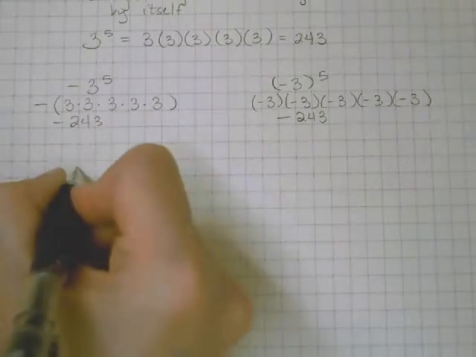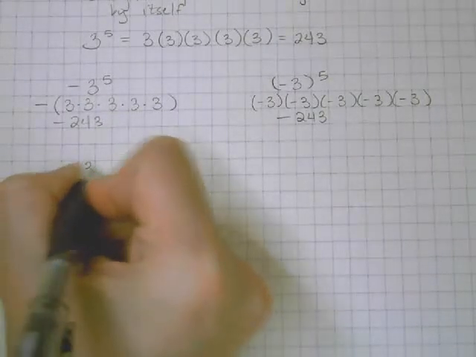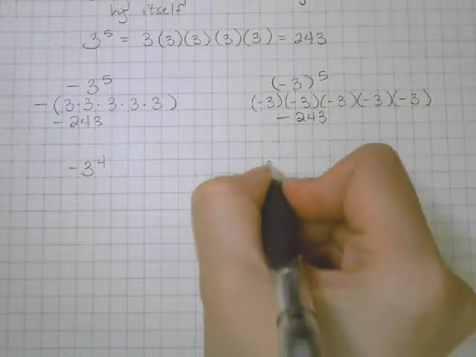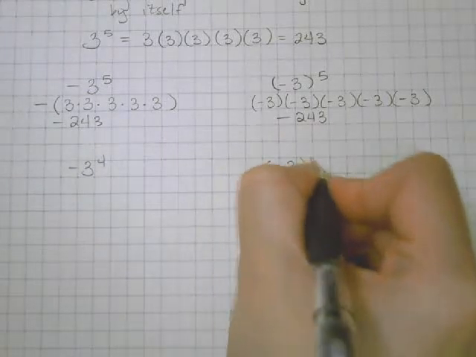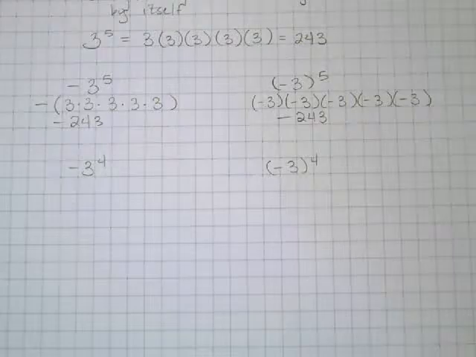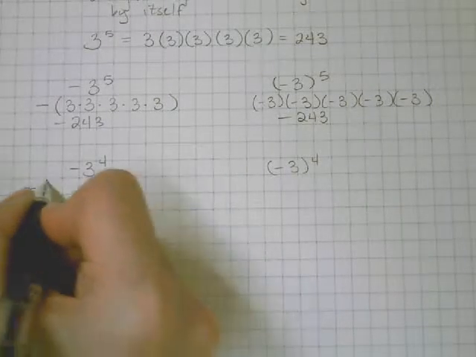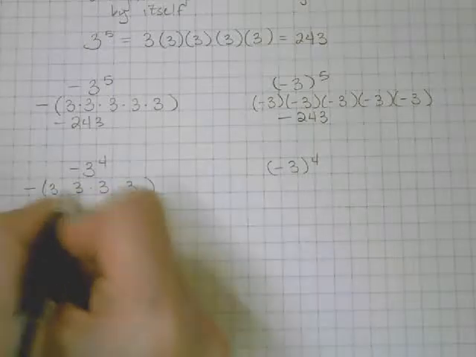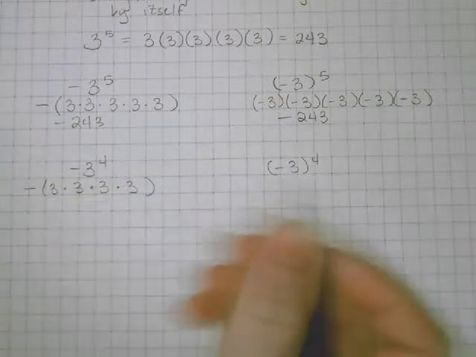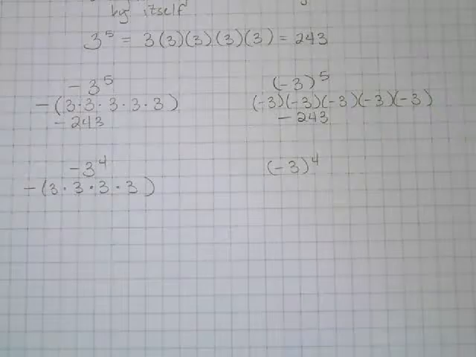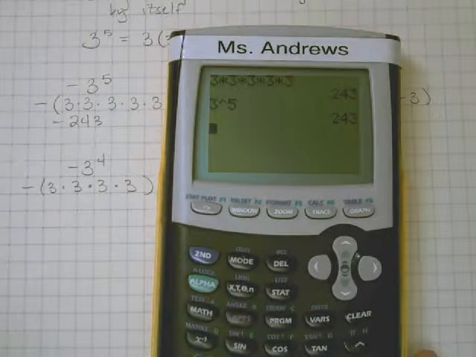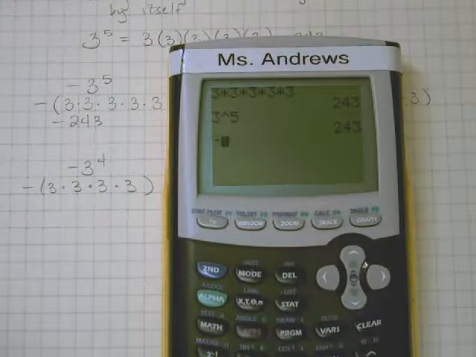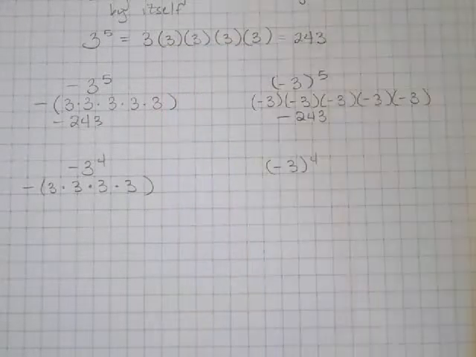If I have negative 3 to the 4th power as opposed to quantity negative 3 to the 4th power, then this is negative 3 times 3 times 3 times 3, which is negative 81.